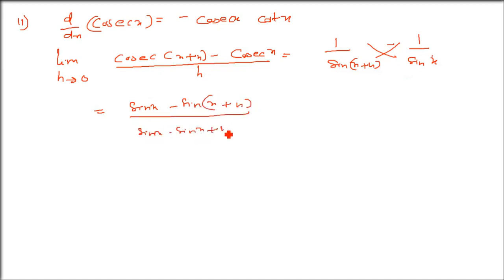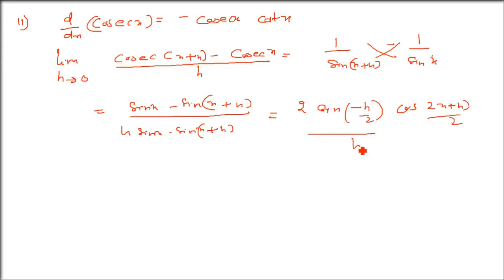Now sin c minus sin d. I told you sin c minus sin d was what? Sin c minus sin d is 2 sin((c minus d) by 2) cos((c plus d) by 2). So it will be 2 sin((x minus x minus h) by 2), that is 2 sin(minus h by 2), and cos((2x plus h) by 2).